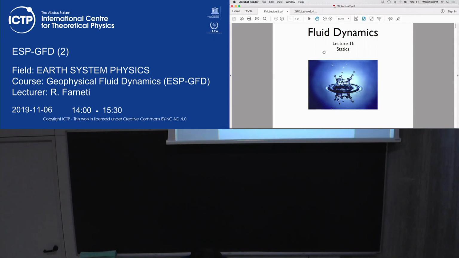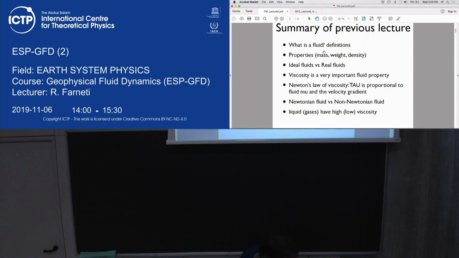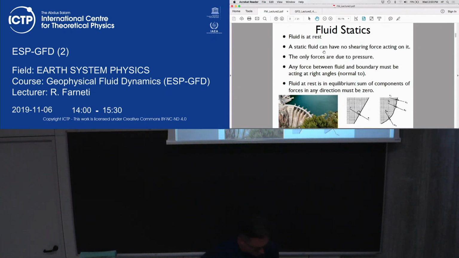And then we looked at pressure. We started looking at static conditions. In static conditions there are no shearing forces acting on the fluid, so there's no acceleration. In order for the fluid to be in static conditions, all the forces in all the directions must be equal to 0, and the only force acting on the fluid is normal to the surface of the fluid, and that is pressure.